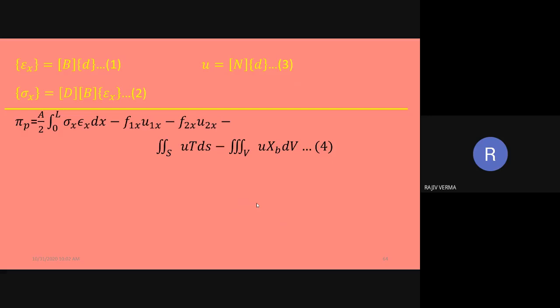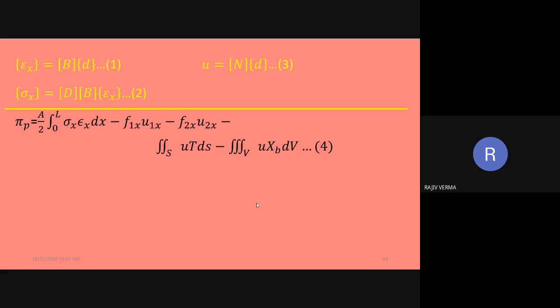Here we apply the load acting at the point corresponding to the displacement existing at that particular point. So the product of these two simply gives us energy at that particular point. So the second and the third terms correspond to the energy corresponding to the point forces.